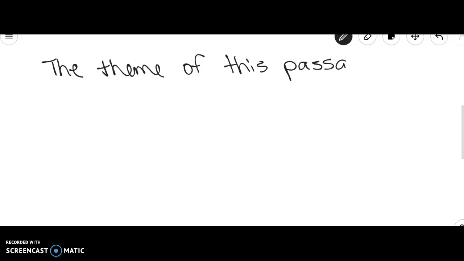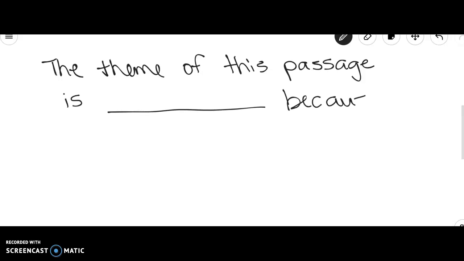So the sentence stem for theme is, the theme of this passage is blank because, remember, we always give text evidence.